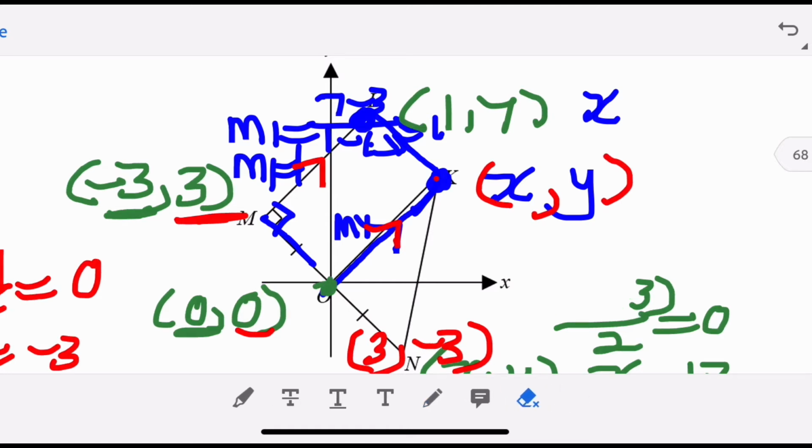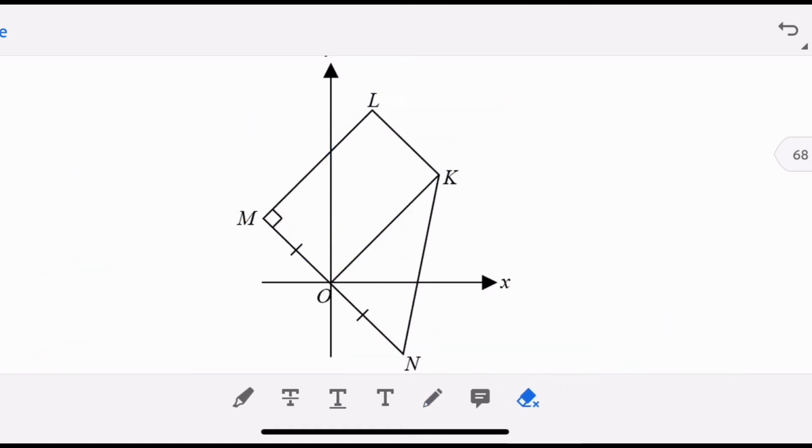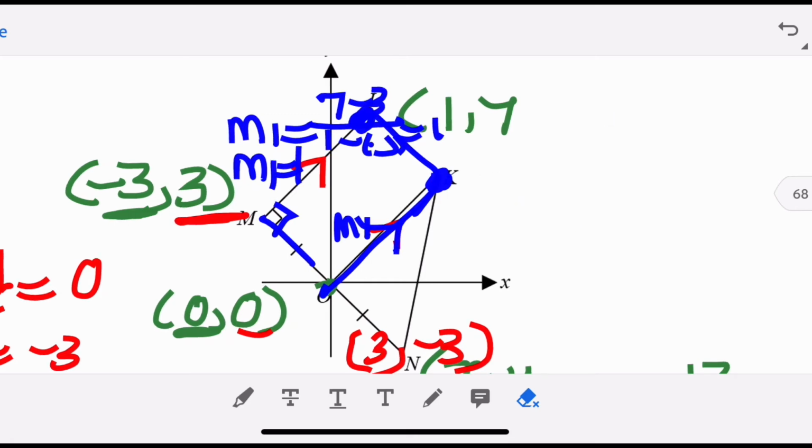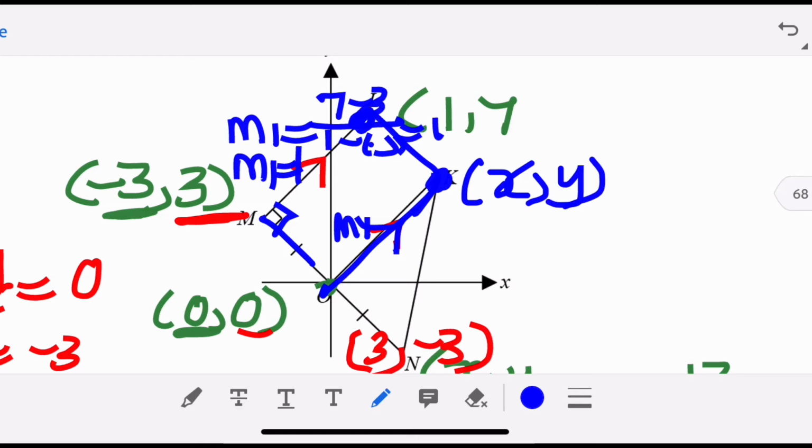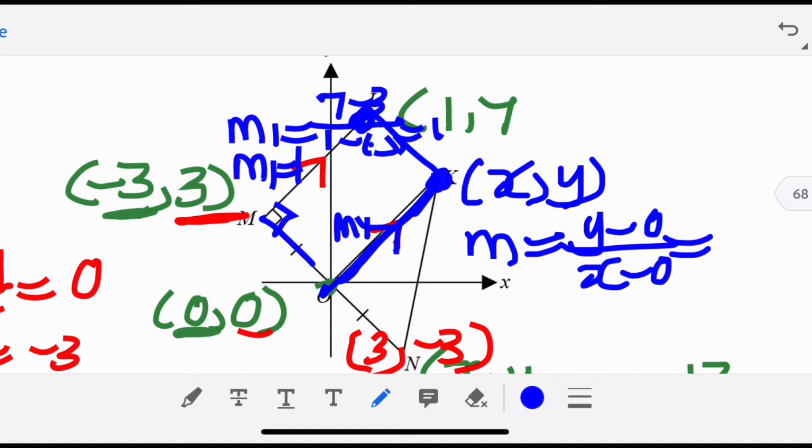So let's say I'm going to use the concept of the gradient. Okay, so this is x, this is y. Or you can find the intersection point between this equation. m is y minus 0 over x minus 0. So it's y over x, but we are not sure about the x and y, but we know the gradient is 1. So this equation is y equal to x.